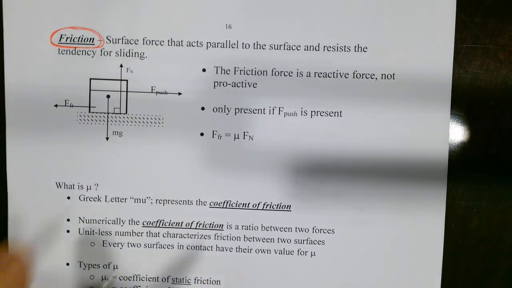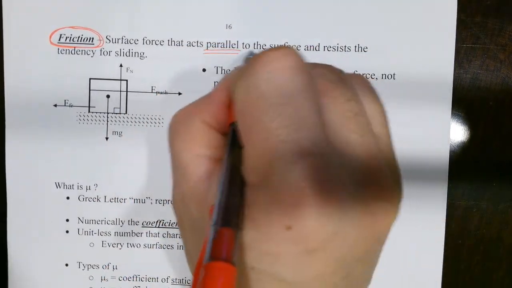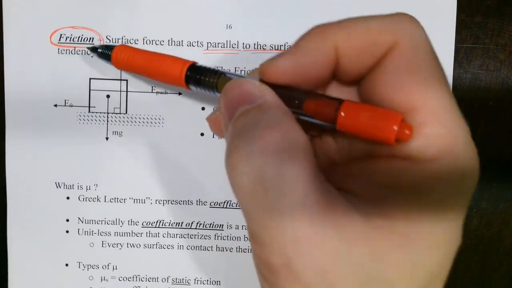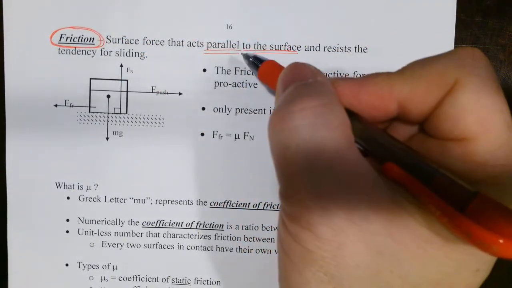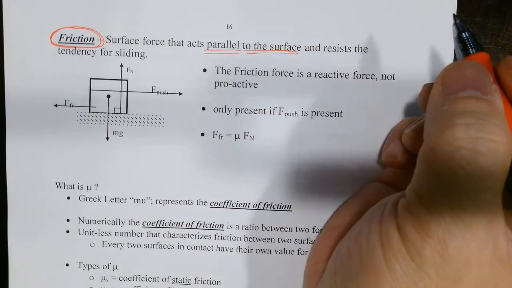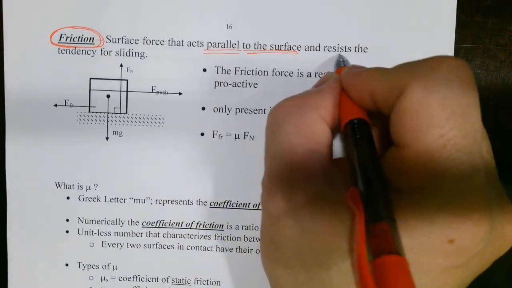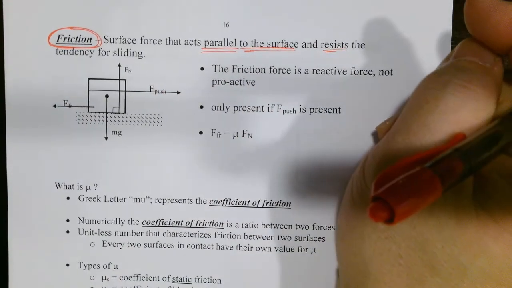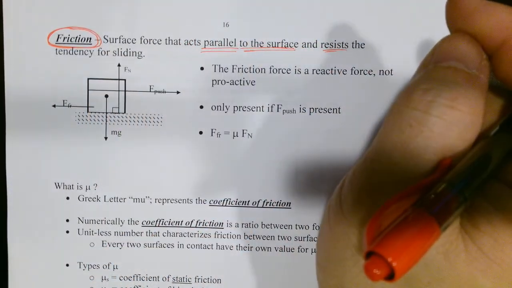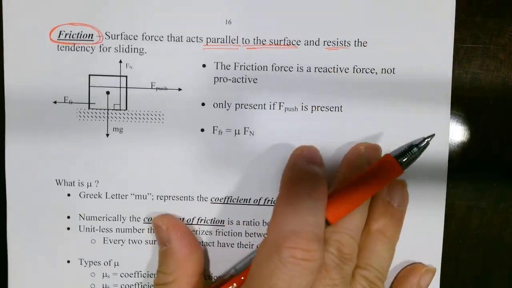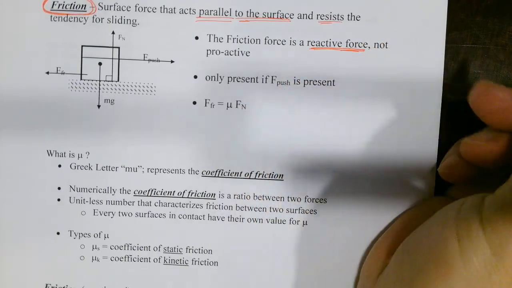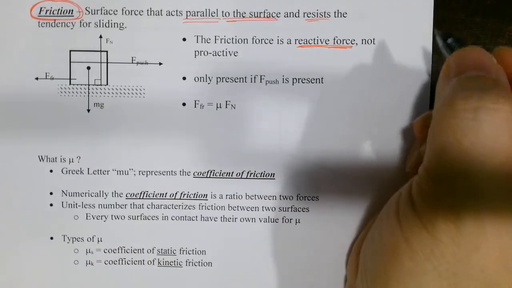Frictional force is another surface force that acts this time parallel with the surface, where normal force acted perpendicular to the surface, friction acts parallel to the surface, okay? And resists the tendency for sliding.